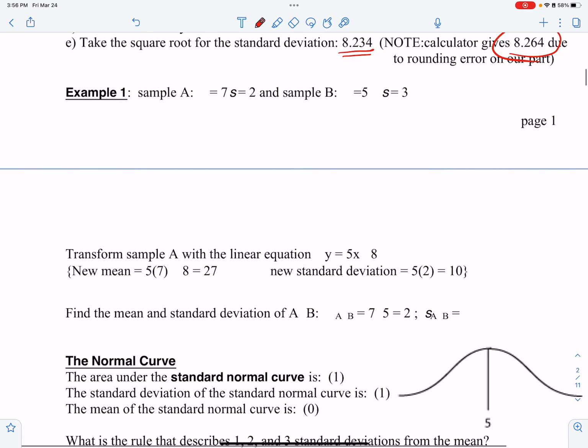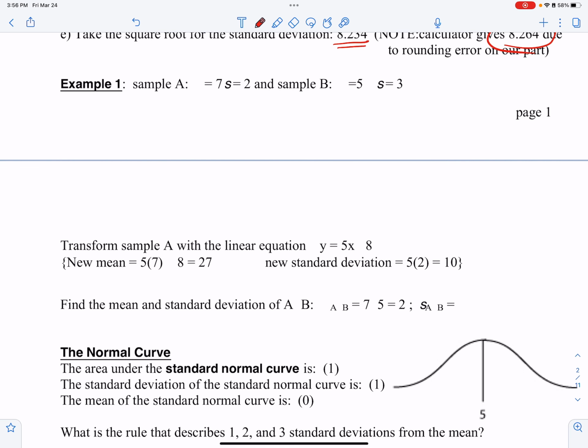For example 1, we have sample A, the mean is equal to 7, and the standard deviation is equal to 2, for mean of A and standard deviation of A. The mean of B is equal to 5, and the standard deviation of B is equal to 3.